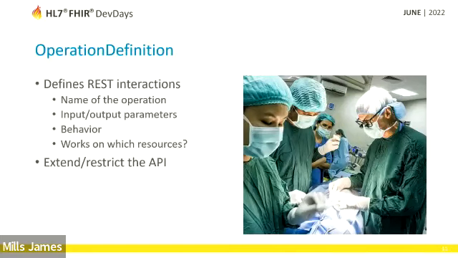In this way, implementers know how they should build that operation, but also a client knows how they can use that operation, how they can call it, what input they need to send, and which output they can expect from the server. And you can extend the API, or you can restrict it by saying, I don't need all the operations that are supported by the FHIR specification, but just this limited set of operations.